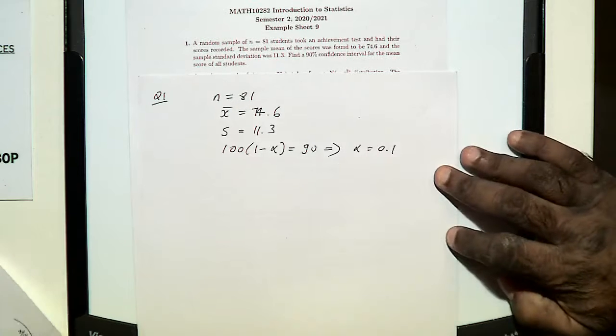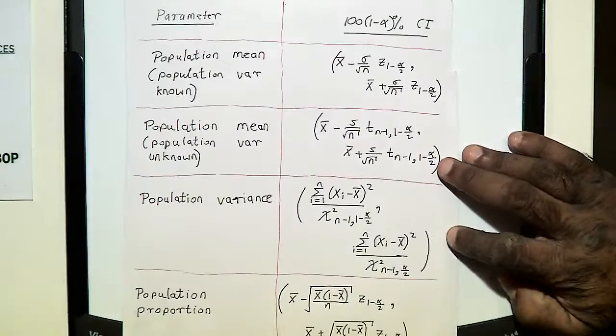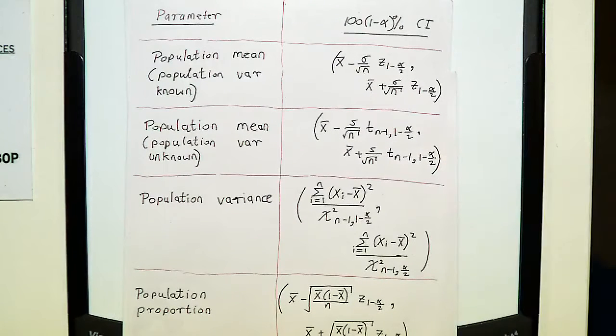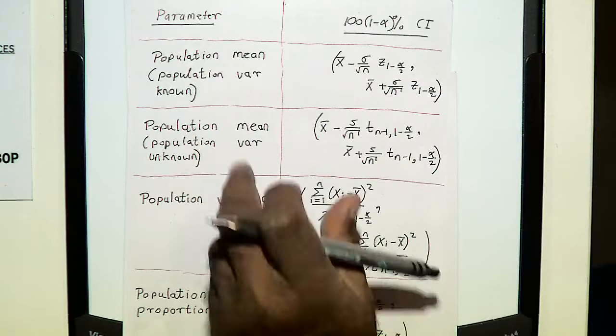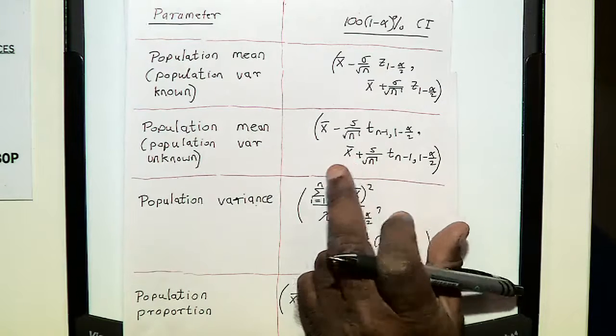Now, of the four confidence intervals, we are looking for the confidence interval for the population mean, and we are not told what the population variance is. So we have to assume that the population variance is unknown, and the formula that we need to use is this one here.